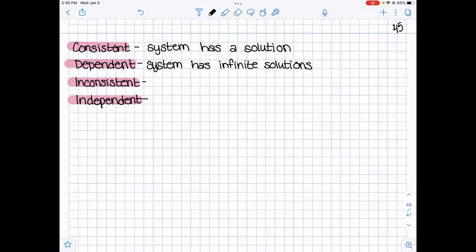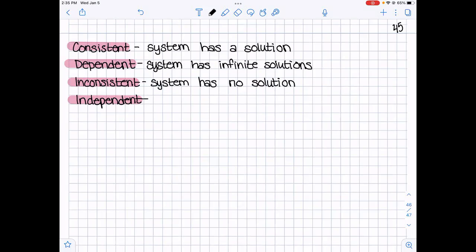Okay, so we have consistent, we have dependent. Now we need to talk about inconsistent and independent. If consistent means has a solution, inconsistent has no solution. If dependent meant it had infinite solutions, what's the opposite?